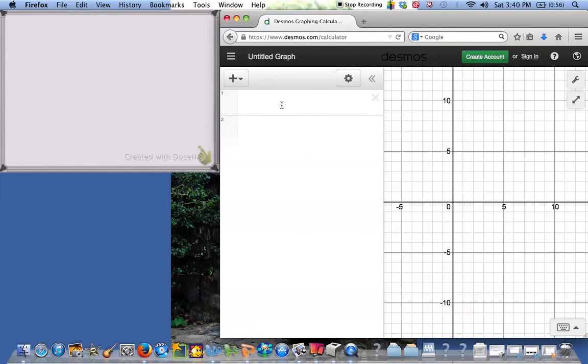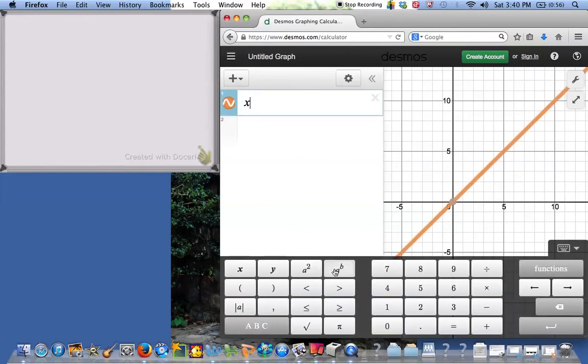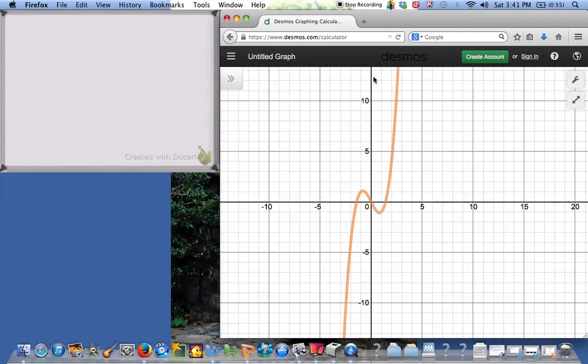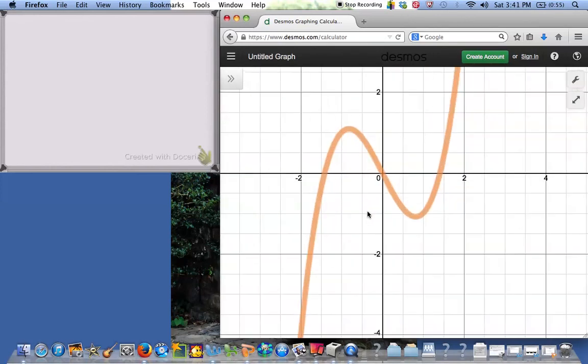Let's get a little variety. x to the third minus 2x is the curve here. So let's zoom in. As you can see, the graph comes up, hits a high point, goes down, hits a low point, and then goes back up. So we have two points here, and this is a maximum, this is a minimum.